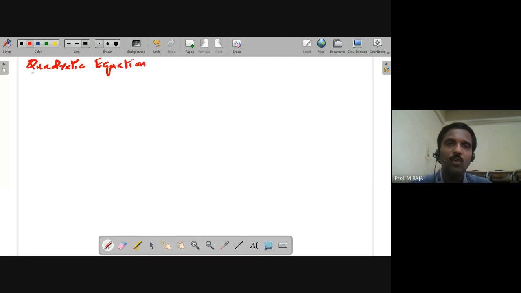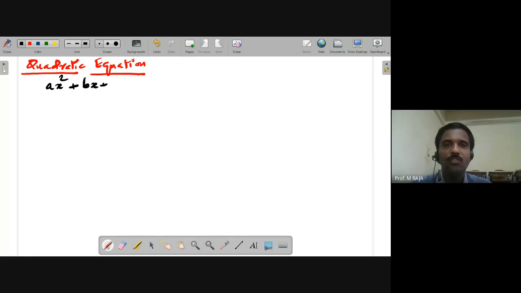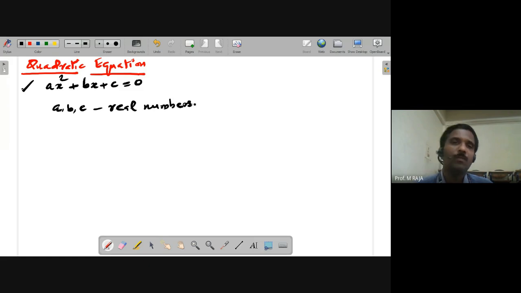What is the general form of a quadratic equation? It is ax square plus bx plus c equals 0. This is the general form of a quadratic equation where a, b, c are coefficients, real numbers.